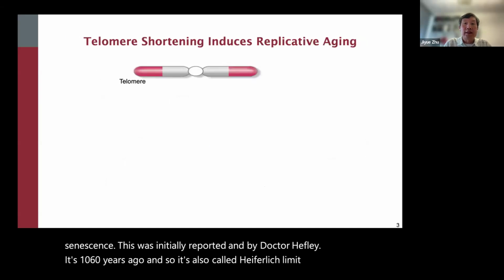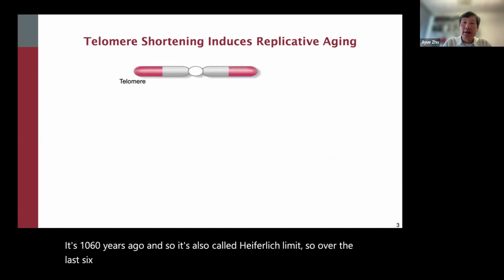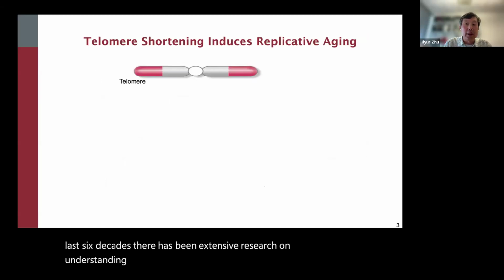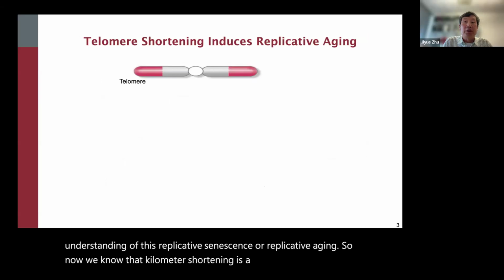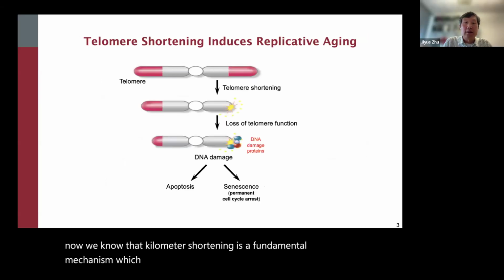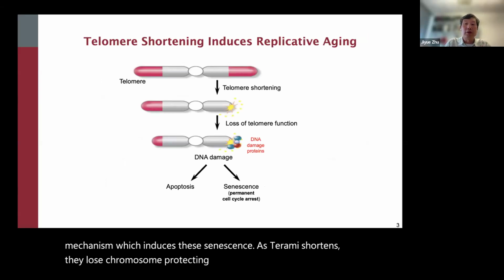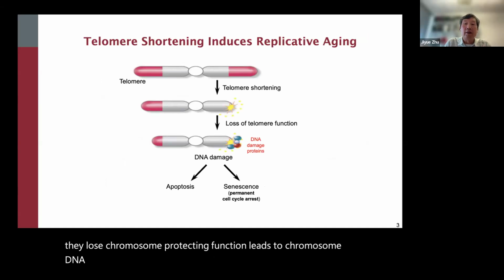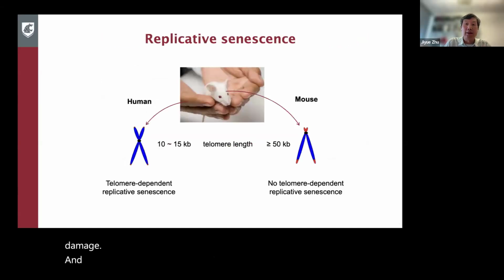Over the last 6 decades, there has been extensive research on understanding this replicative senescence, or replicative aging. Now we know that telomere shortening is a fundamental mechanism which induces this senescence. As telomeres shorten, they lose chromosome protecting function, which leads to chromosome DNA damage, apoptosis and senescence.